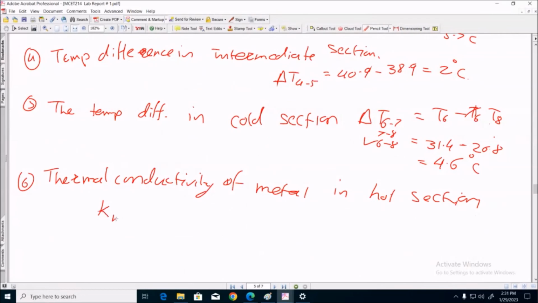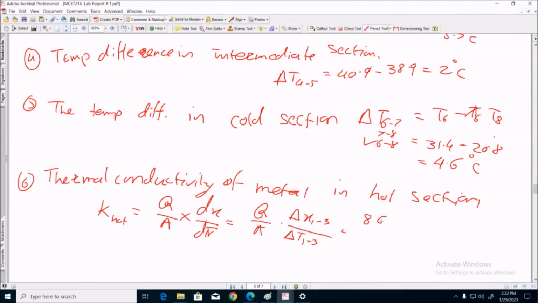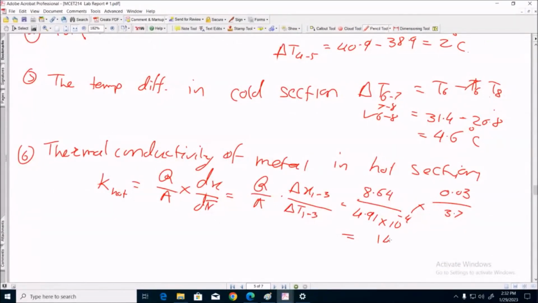K hot is equal to Q by A, delta X by delta T, hot section 1 to 3. So delta T 1 to 3, and the answer is 142.7 watt per meter degree centigrade.